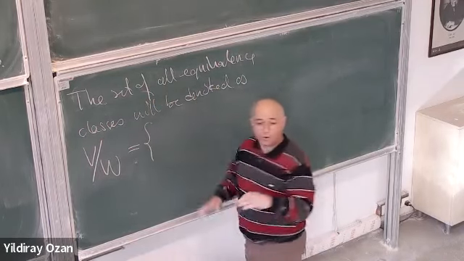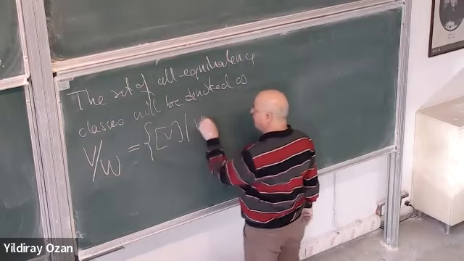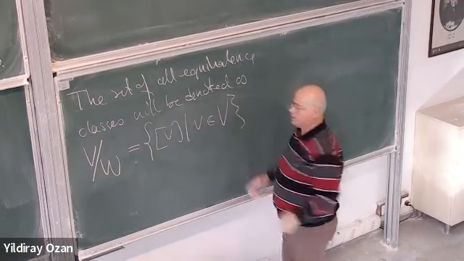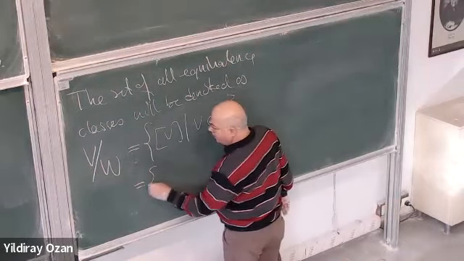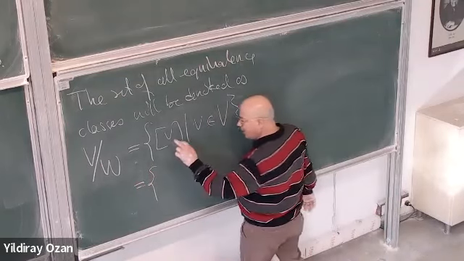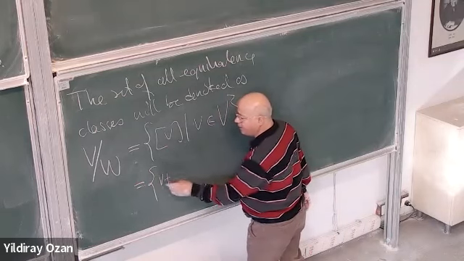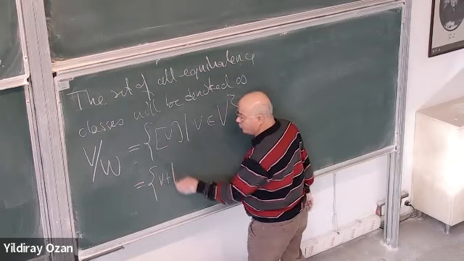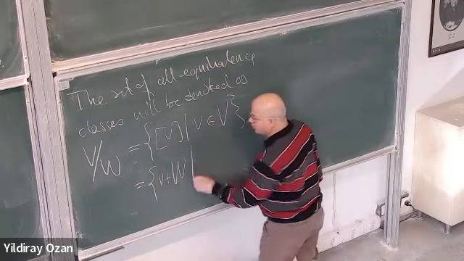This is the set of all equivalence classes. So I can just write it like this, right? The set of all equivalence classes. But another, or maybe more practical, way of writing is this. This equivalence class is obtained by adding V to all the vectors in W. I can also use this notation.